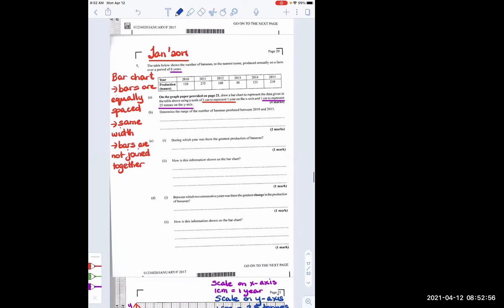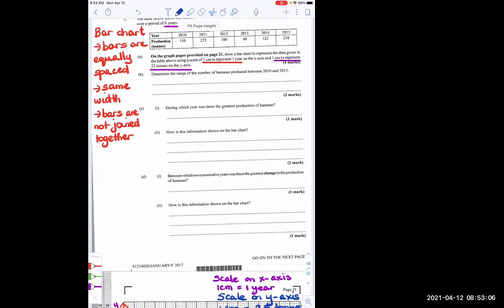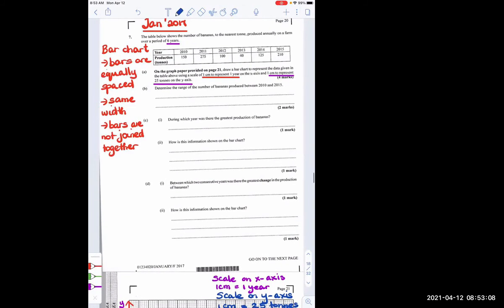Now, what is the largest production of tons and what is the smallest production of tons from my question? Can anyone tell me what is the largest production of tons? 275. And smallest being 40.